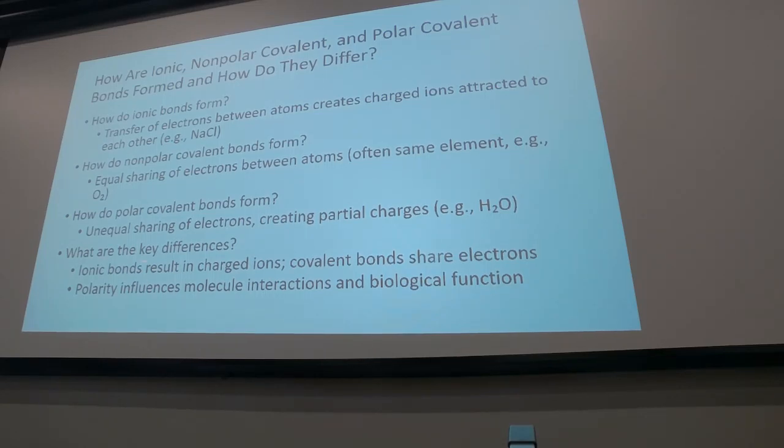And then polarity basically is going to influence how molecules form. So we have some proteins that have amino acids that are positively charged or negatively charged, or sometimes neutral amino acids, and then the proteins can fold or unfold and get a three-dimensional shape based on the interaction between the molecules.